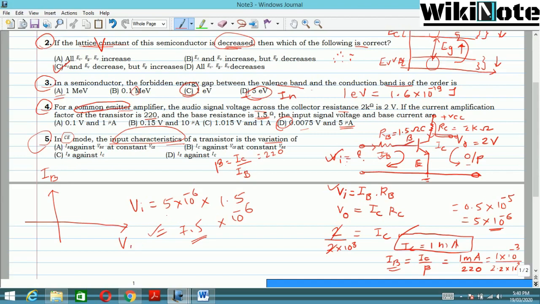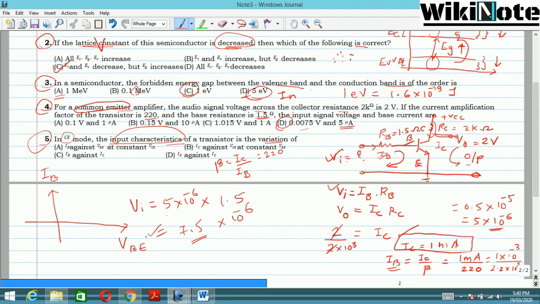So this is base versus emitter. If you look at this graph, it is the same as your forward bias characteristics of a diode. So I can draw the graph in this fashion. Why does no current flow till this point? This is called the threshold voltage, and this is 0.7 volt for silicon and 0.3 volt for germanium.